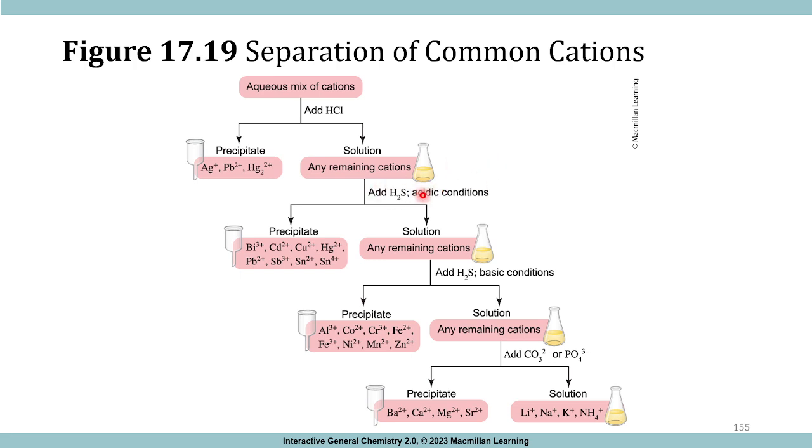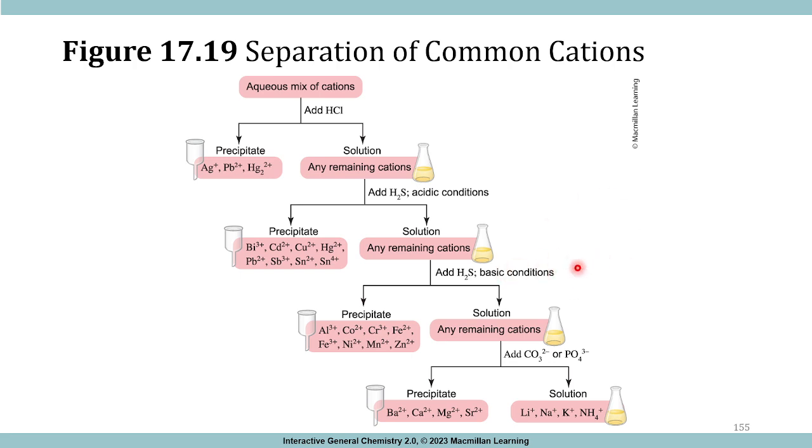So the next thing that's happening here is we now have sulfide, don't we? So anything that's insoluble with sulfide is going to come out as a solid. And that's these species right here. Any remaining cations will be soluble in the presence of sulfide, right? Or they'll be ones that make a basic anion.